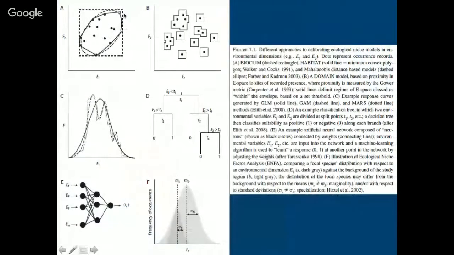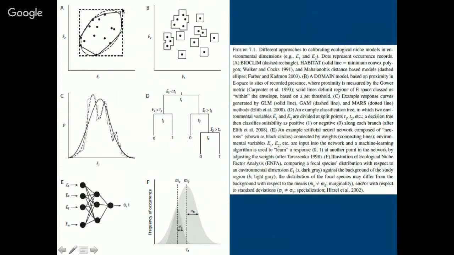So focus on panel A up here. The Biochem model, if we have two environmental factors, E1 and E2, the Biochem model was essentially the intersection of the range with respect to E1 with the range with respect to E2.